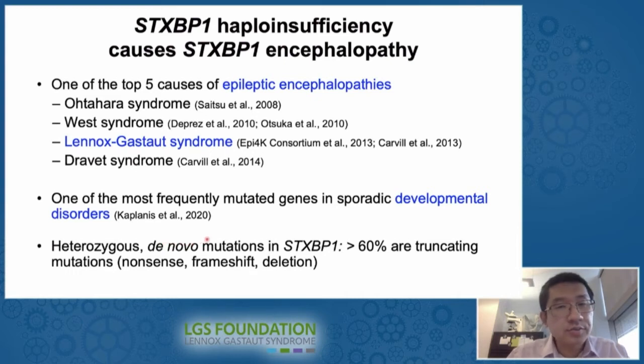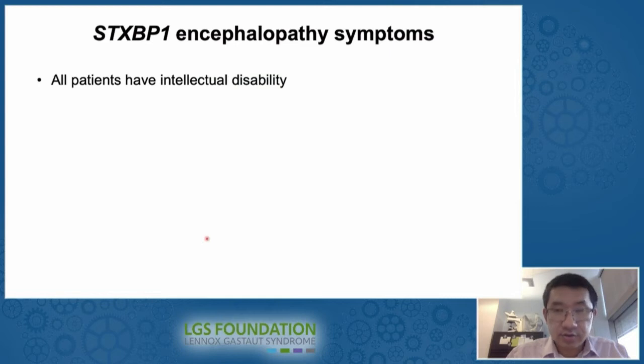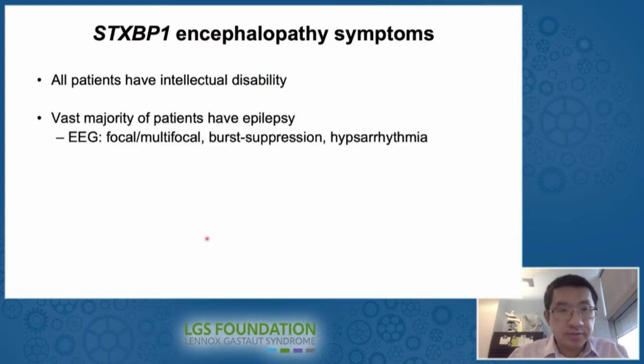All these patients have intellectual disability, and the vast majority of them have epilepsy. The EEG patterns are quite heterogeneous among different patients, and some are focal, multifocal. Another two features that you often see in patients are hypsarrhythmia or burst suppression patterns.